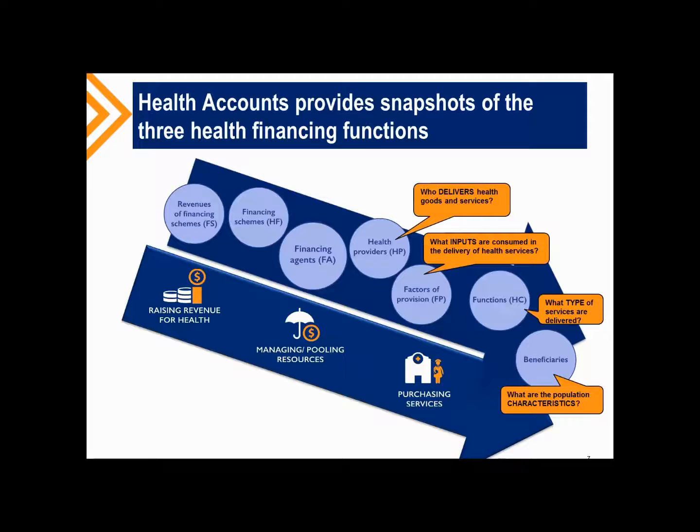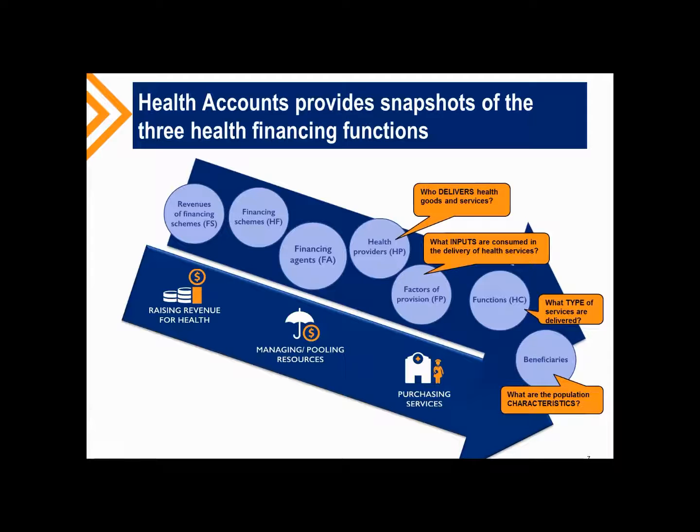When we get to the healthcare functions, we're talking about the type of services that are delivered. So was it for curative care, prevention, health system administration, etc. And then finally, we end with describing the specific characteristics of the population that was treated. And so this encompasses things such as the diseases, the age and gender of those beneficiaries.